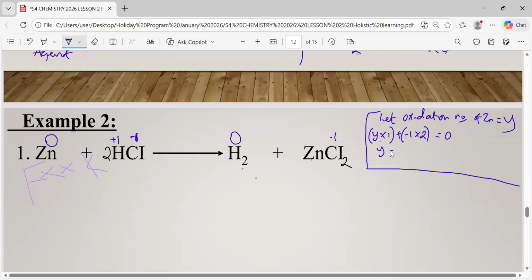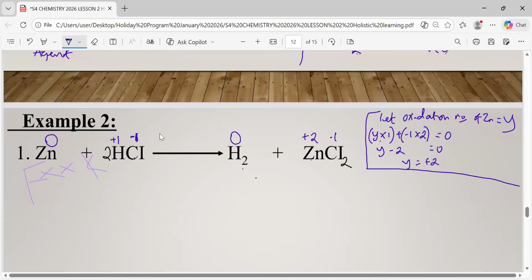So this becomes Y minus 2 equal to 0, and therefore Y will equal +2. Have you seen that? So the oxidation state of zinc is +2.